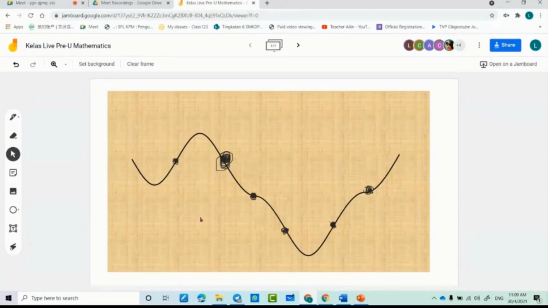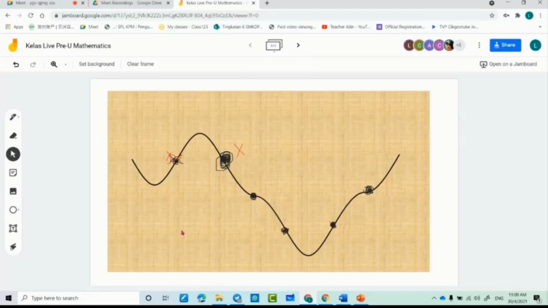Okay. Which one is non-stationary? You make a cross beside the circle for non-stationary. You make a cross beside the dot to tell me that that one is non-stationary.